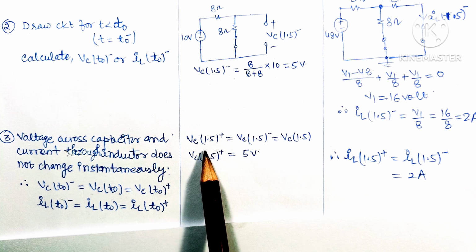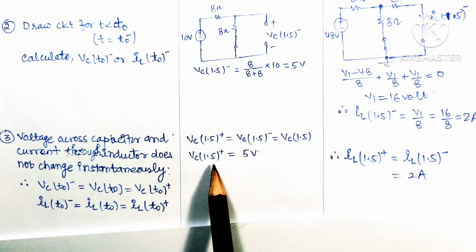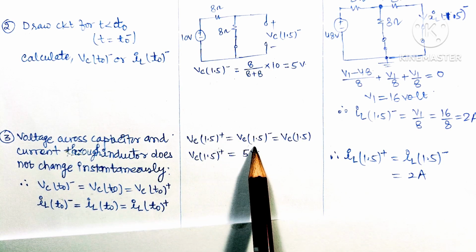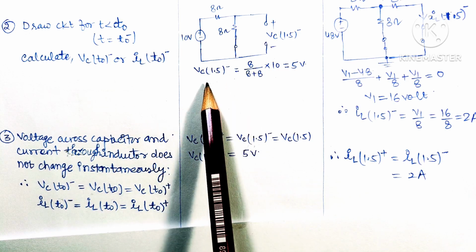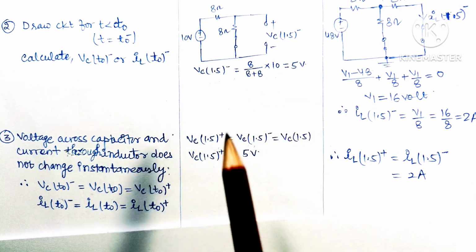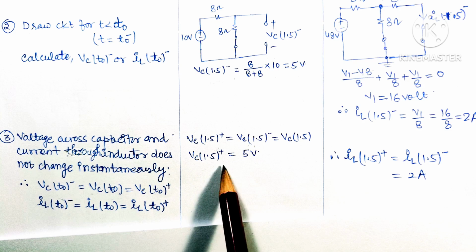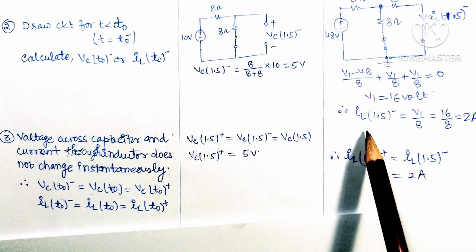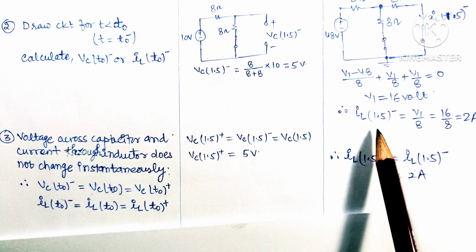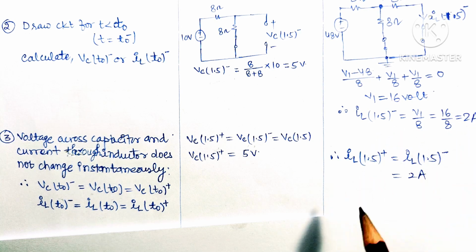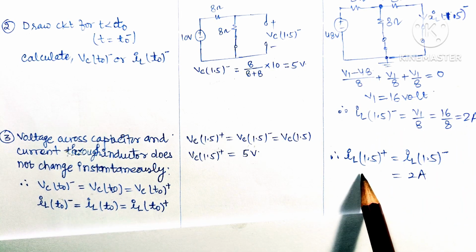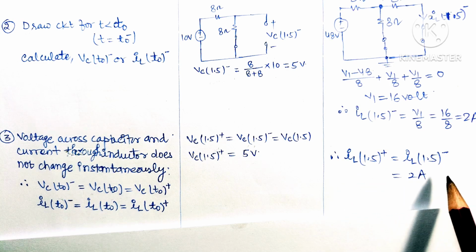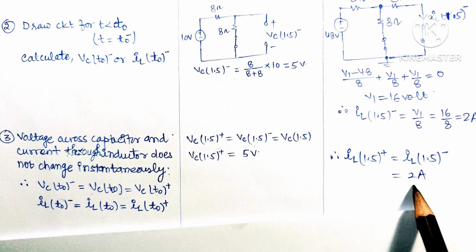So here voltage just after 1.5 second will be equal to voltage just before 1.5 second. Since we have calculated voltage just before 1.5 second as 5 volt, voltage just after switching will be equal to 5 volt. In this circuit, we have calculated current passing through inductor just before switching as 2 ampere. So by using this equation, we can write that current passing through inductor just after switching will be equal to current just before switching, and this will be equal to 2 ampere.